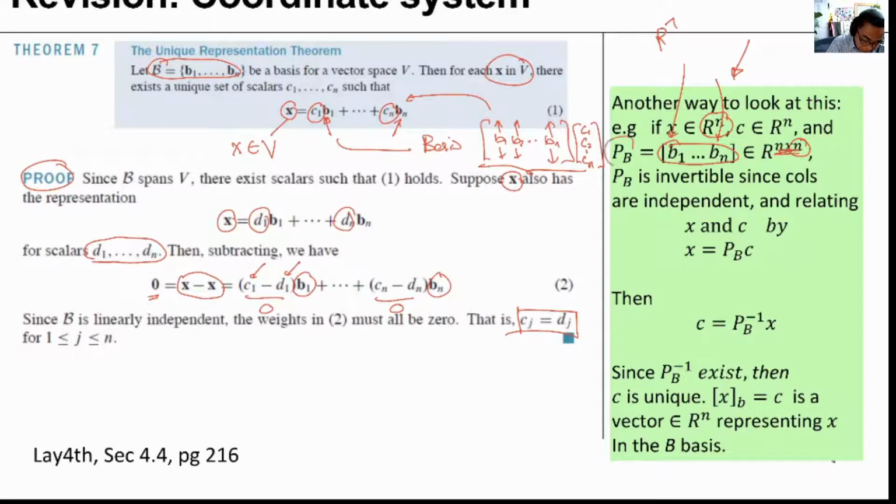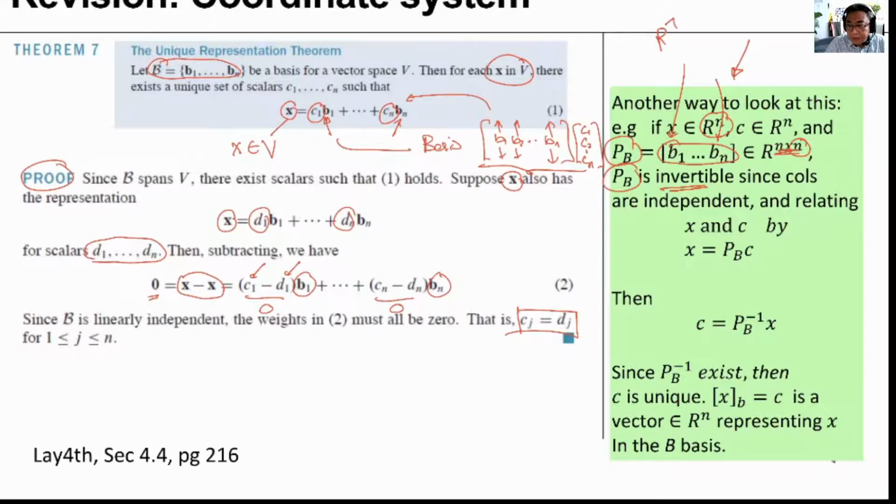So PB is an n by n matrix. Each column of PB is one of the independent vectors of the basis B. Now, because each of the columns b1, b2 to bn is independent, PB is invertible.